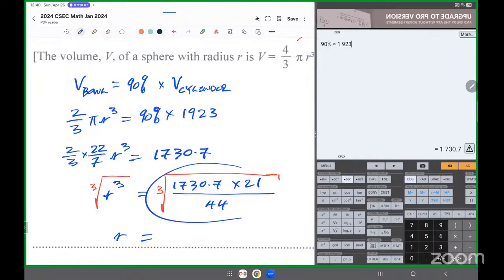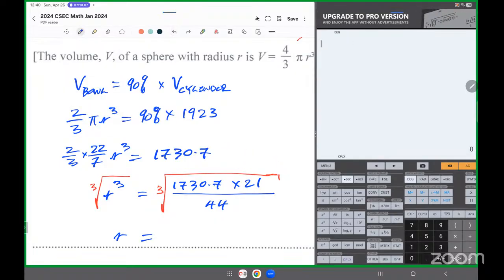Then we work out the value of R. So it becomes the cube root of the fraction 1730.7 times 21 over 44.